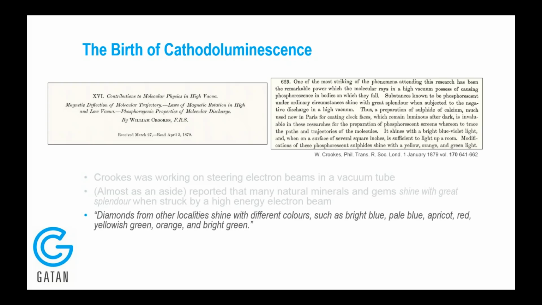Particularly important, he noted that diamonds from other localities shine with different colors, such as bright blue, pale blue, apricot, red, yellowish green, orange, and bright green. So all colors of the visible spectrum, but all the same material. And this was a puzzle at the time. It wasn't really understood. But thankfully, with research, we've been able to understand those things now.